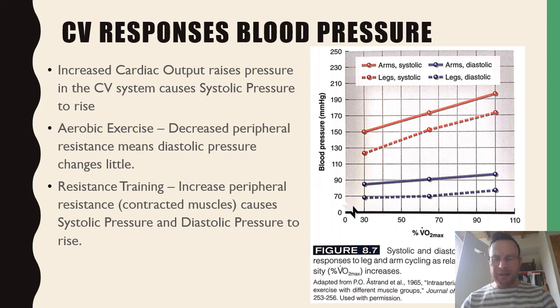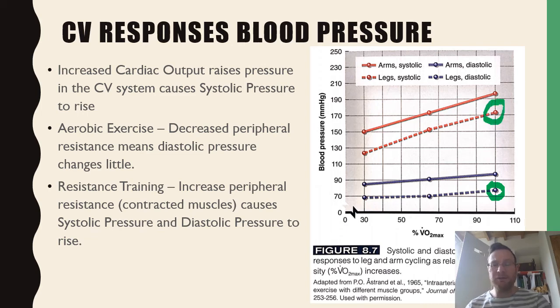What we see on this picture is 2 different types of exercise. One is an arm cycle, and one is a leg cycle. So let's just concentrate on the legs. Here's the diastolic pressure in the legs, and here's the systolic pressure in the legs.